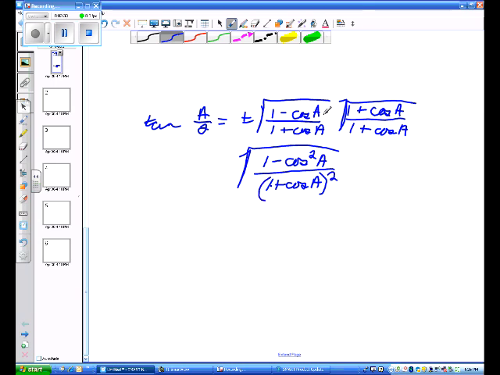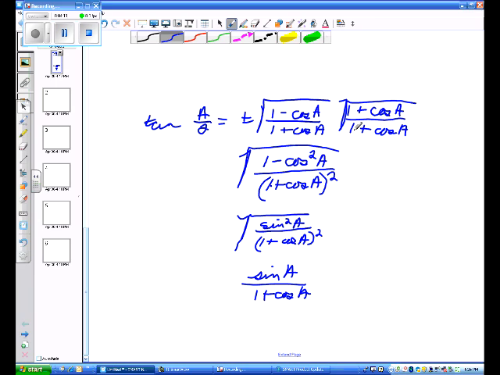These were conjugates in the numerator, so we had the 1 minus cosine squared A over 1 plus cosine A squared. Now 1 minus cosine squared is sine squared. And when we take the square root of this, that's actually when we'll get rid of our plus or minus. We always take the principal root, and so we end up with the sine of A over 1 plus cosine A.